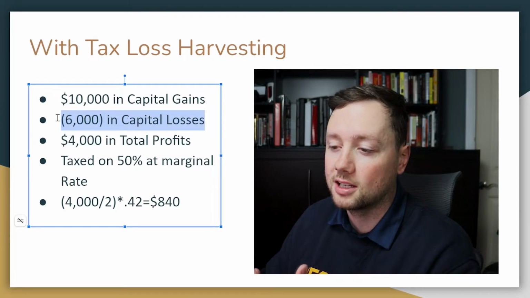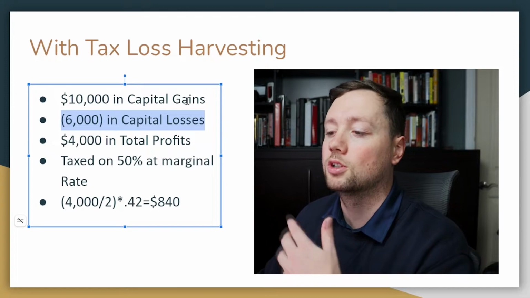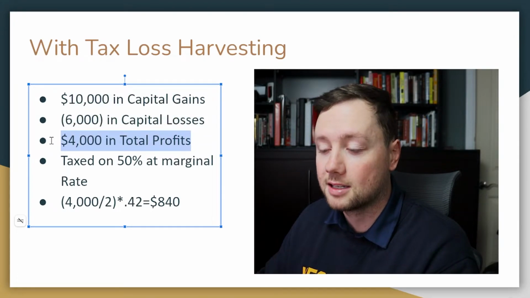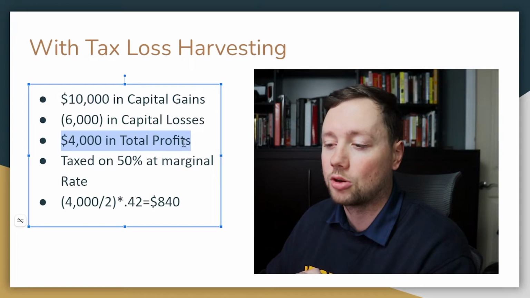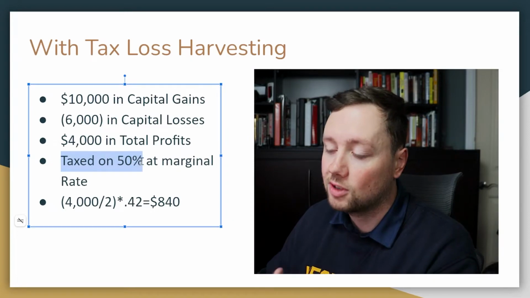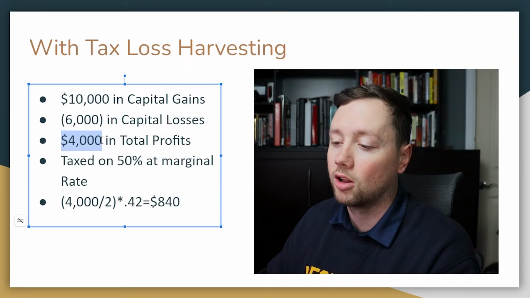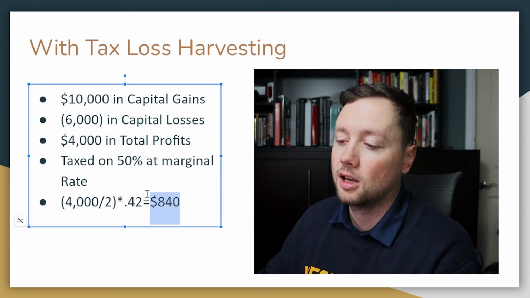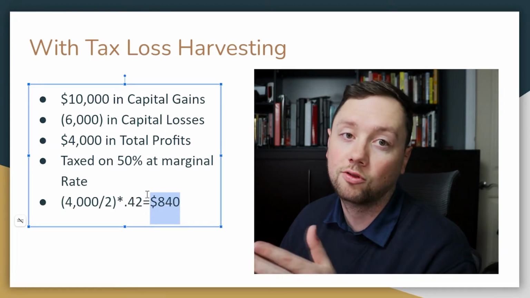The capital losses that you locked in are going to reduce your capital gains here, and it means that your capital gains tax is only going to apply to $4,000 in profits. That is going to reduce your taxes because you're only going to be taxed on 50% of that $4,000, and assuming you pay the same 42% marginal tax rate, you're going to be left with a tax bill of $840.